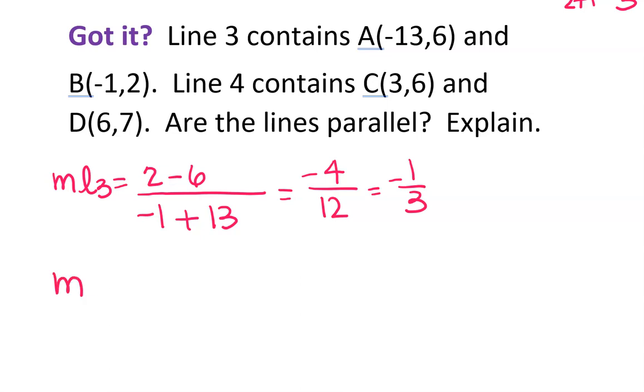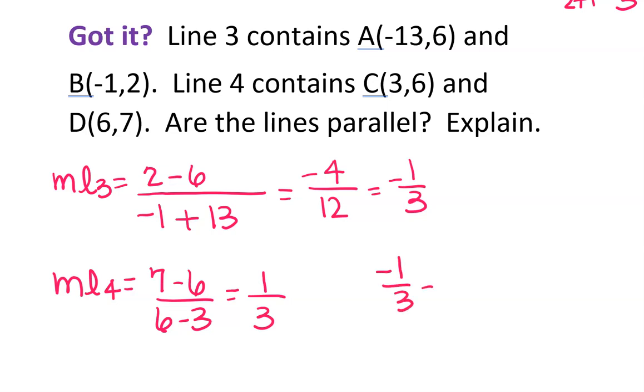The slope of line 4, I'm going to go d minus c, so 7 minus 6 over 6 minus 3. I get 1/3.